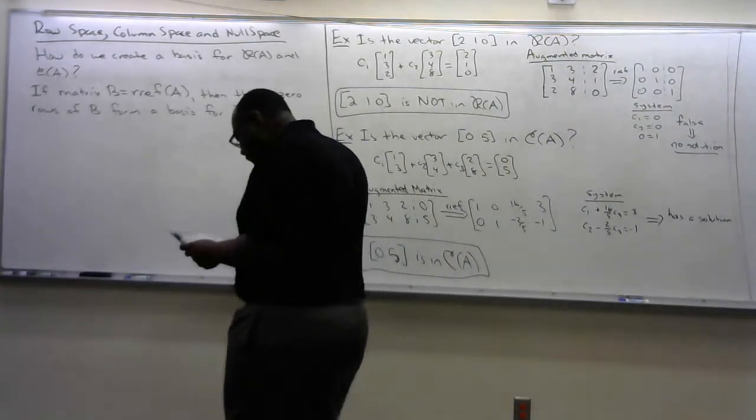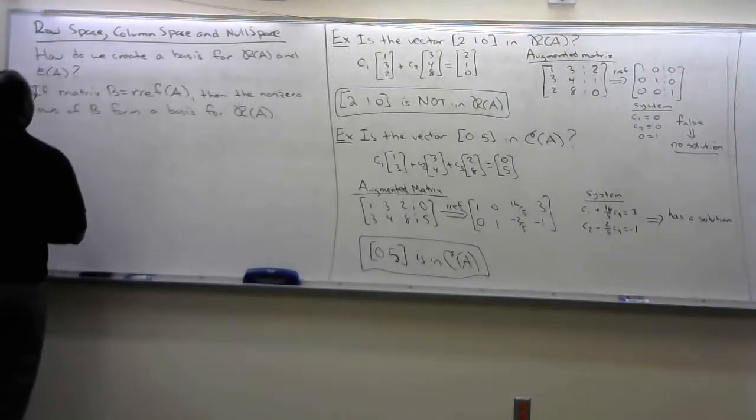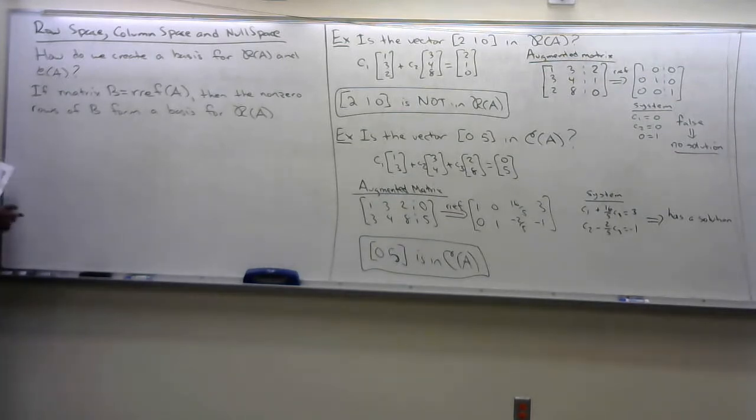Let's look at an example. This example is actually in the book, but it's a good example, so I wanted to do it. And we'll do another one, tying everything together at the end.